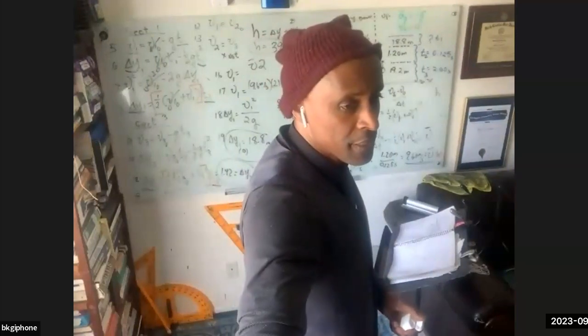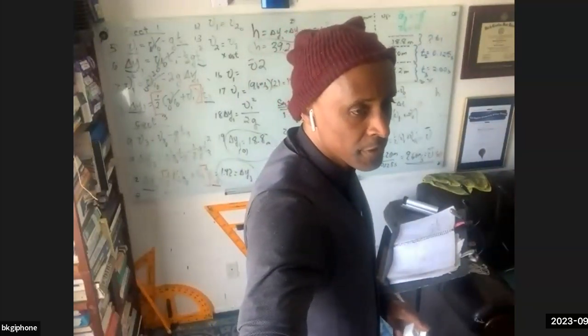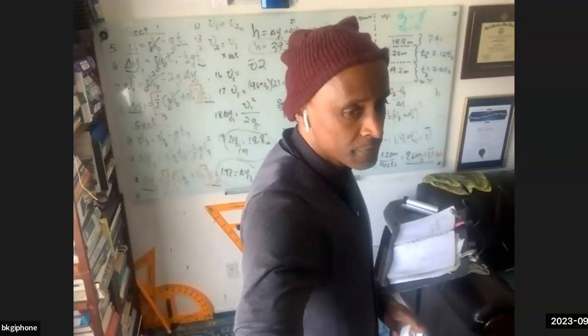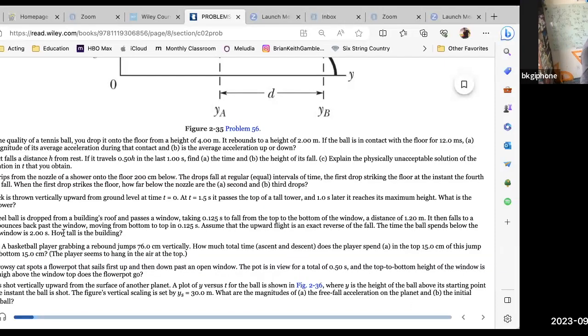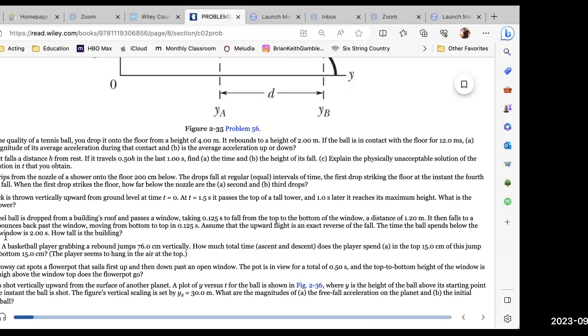I'm sorry, really fast. Was this problem from the homework? What number was this? I can't find this problem. It's in the textbook. It's this one right here. So this is in the back of chapter 1.